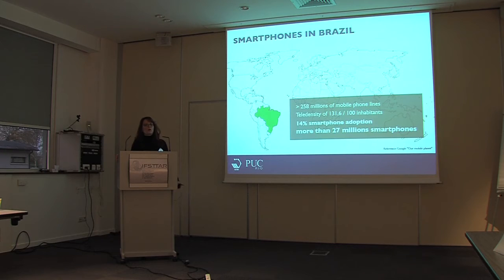So we have more phone lines than inhabitants in Brazil. But we have only 14% smartphone adoption. Only 14%, considering a huge country like Brazil. This is more than 27 million smartphones.